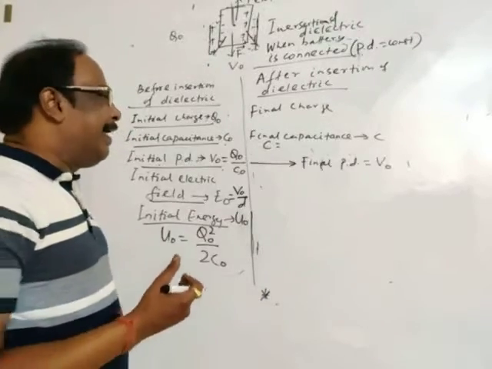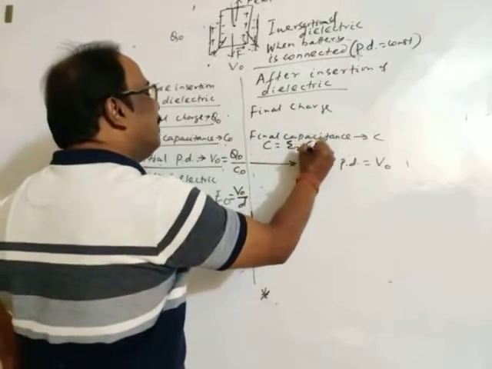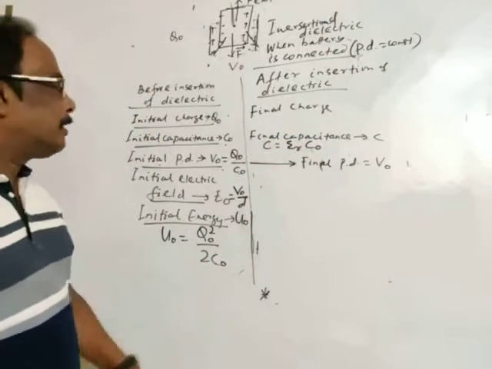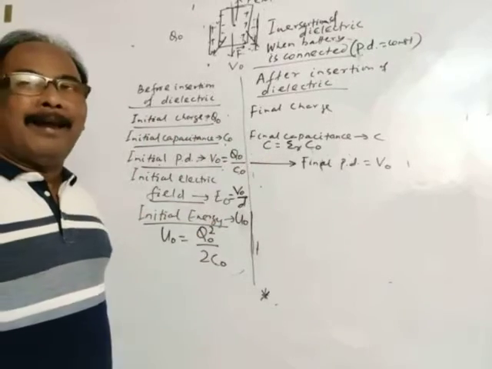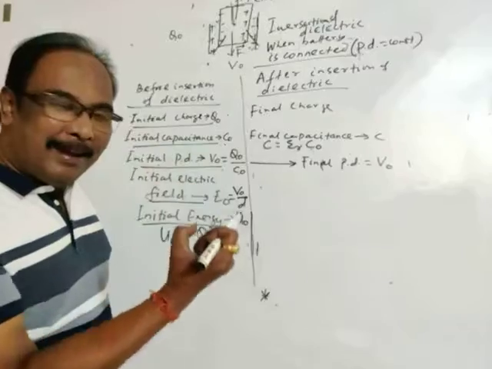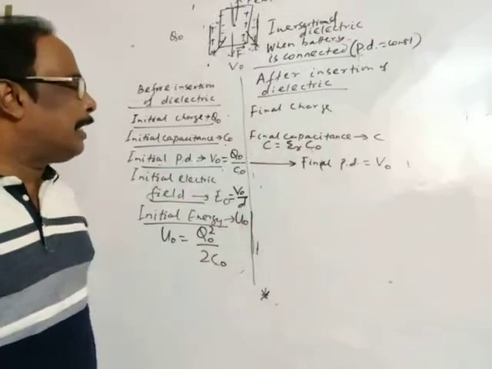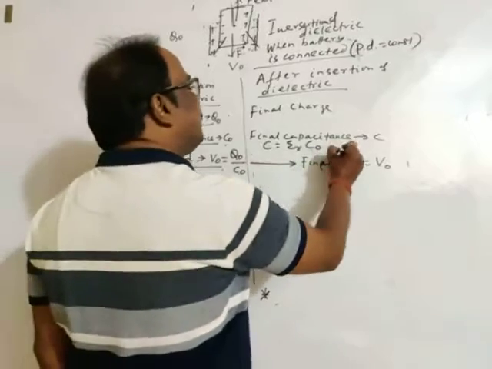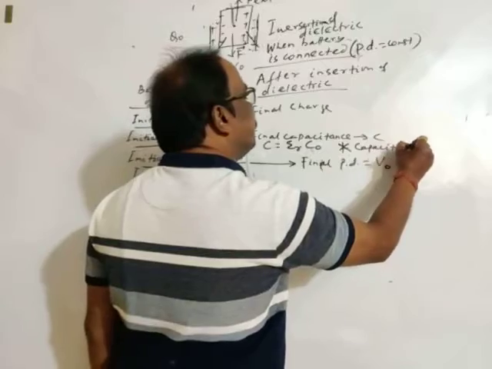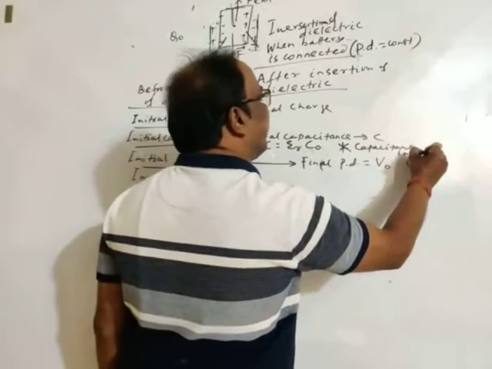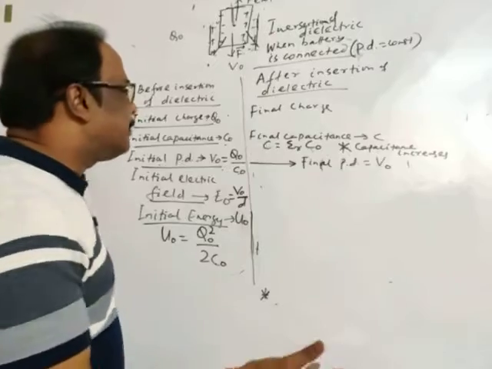Capacitance will be epsilon r times that of capacitance in air or vacuum, where epsilon r is the dielectric constant. If dielectric is inserted, the final capacitance C becomes epsilon r times the initial capacitance, which means capacitance increases.